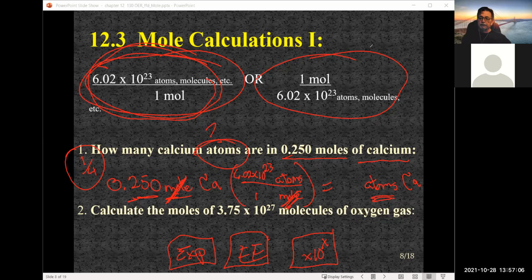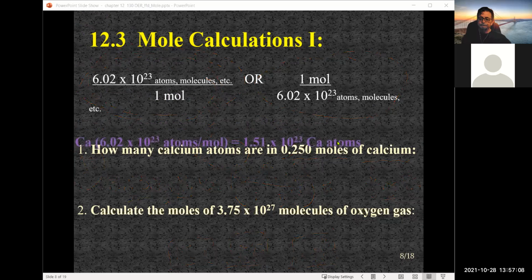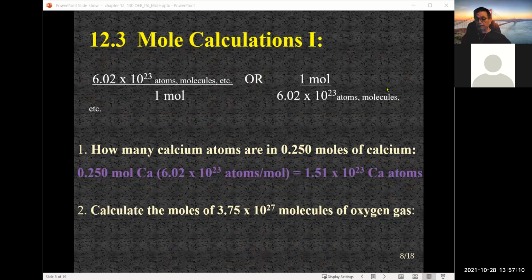Let me clear this up and show you the number here. And sure enough, 1.51 times 10 to the 23rd calcium atoms, okay? So if you had a quarter mole or 0.25 moles of calcium, that represents 1.51 times 10 to the 23rd calcium atoms.